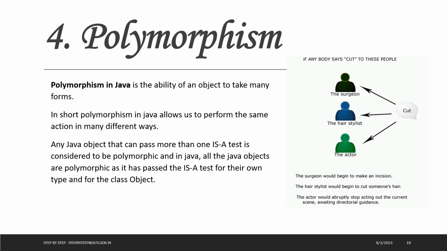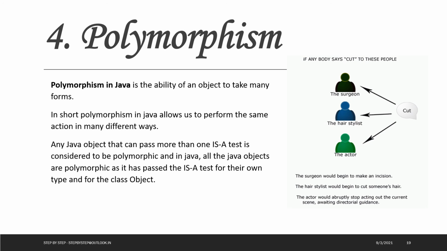Okay, so consider the example of this cut action. Whenever the word cut is heard by a surgeon, the surgeon would begin to make an incision, right? Because the meaning of cut for a surgeon is to make an incision. The same word or the same action heard by a hairstylist, the hairstylist would begin to cut someone's hair, right?